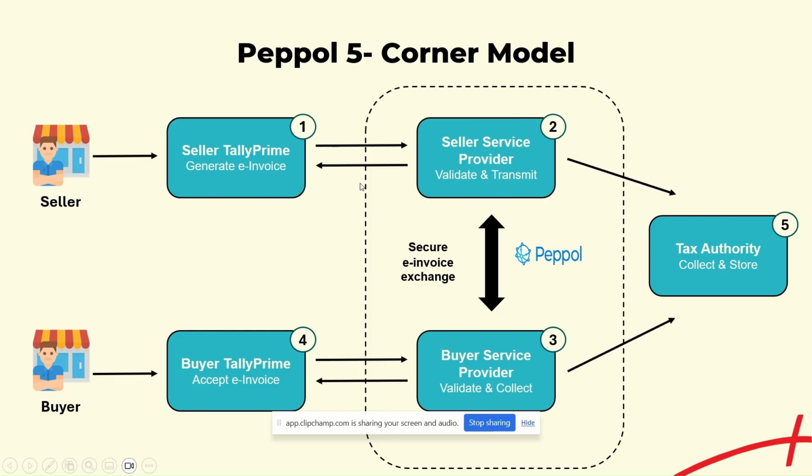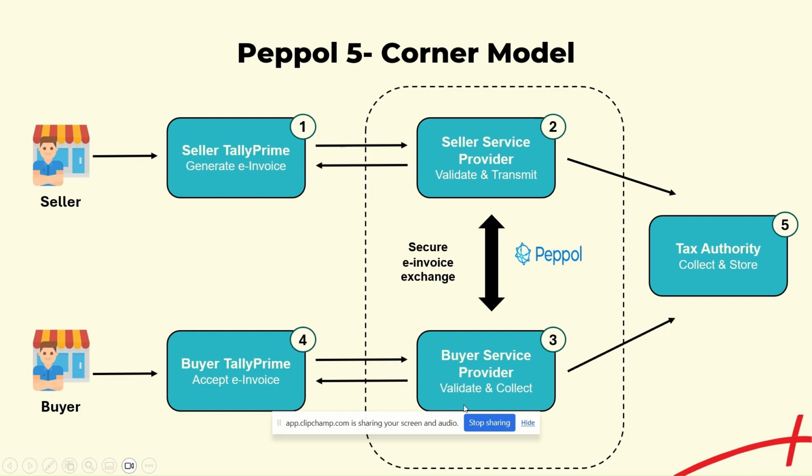Tally is already an ASP. So if you are using Tally, you will generate the tax invoices from the Tally software, and from there send them to your ASP, which is Tally, and Tally will send the invoices electronically to the customer's ASP.